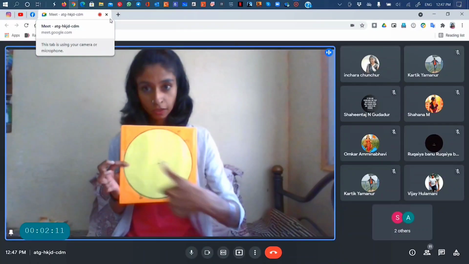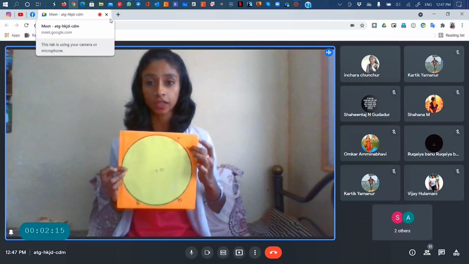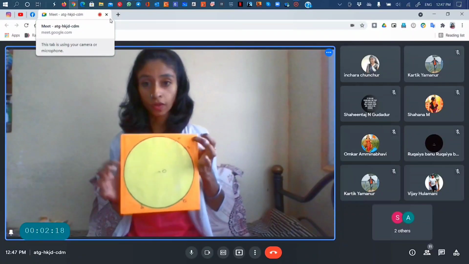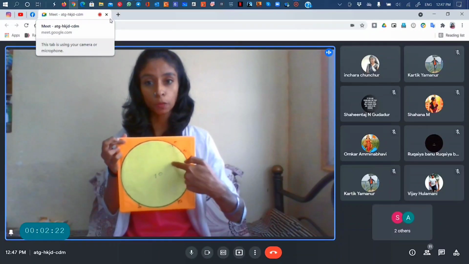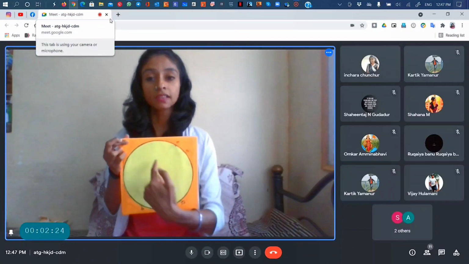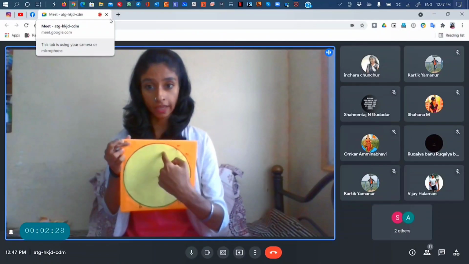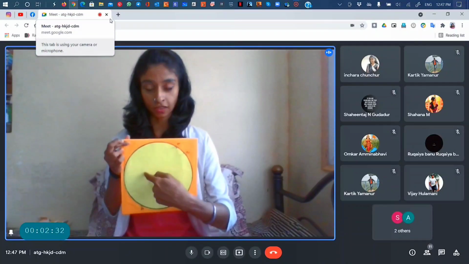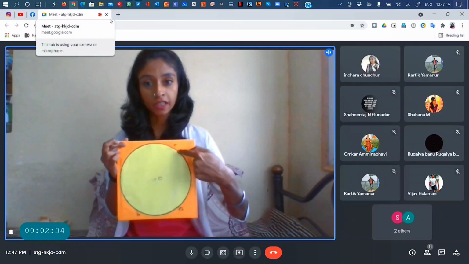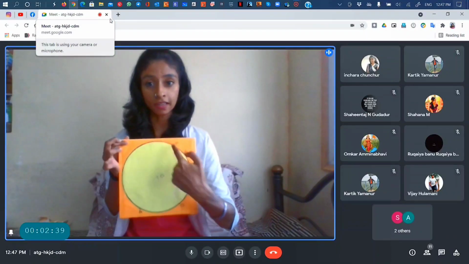So in this plane, when a circle is drawn, we see three components in it. First comes the interior of the circle. You can see this yellow part as a circle, right? The area inside the circle is called the interior of the circle. The second component is the circle itself, the diagram of the circle itself.